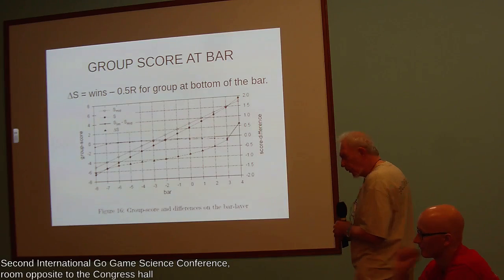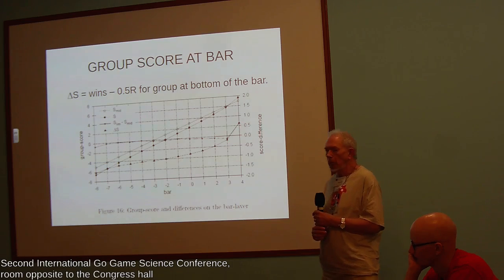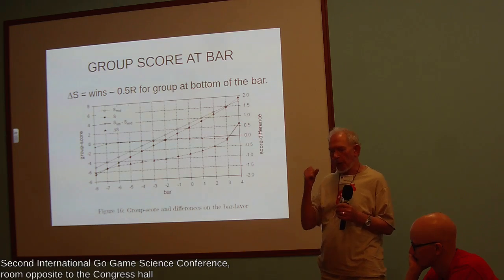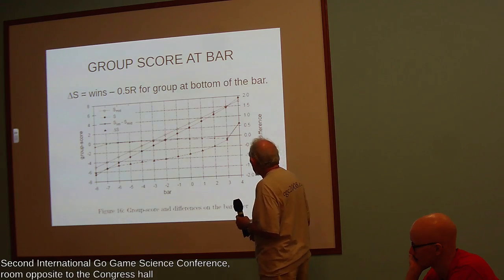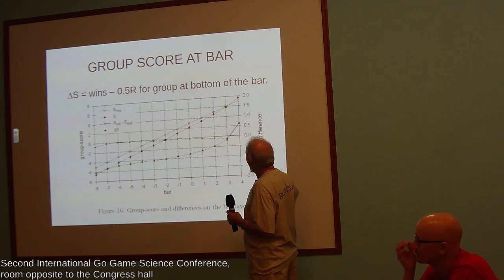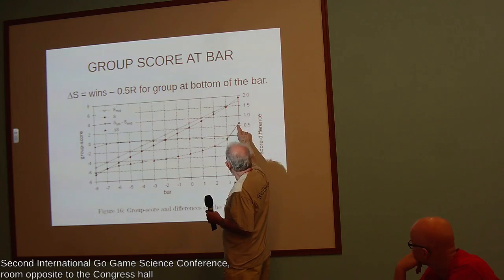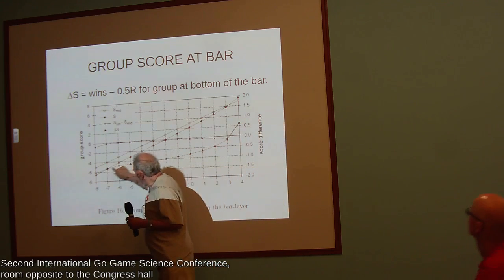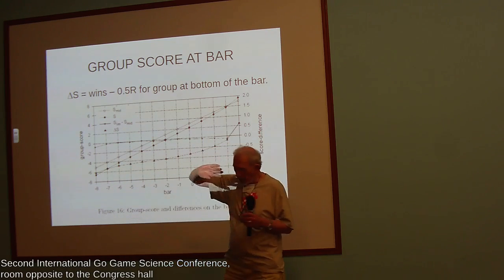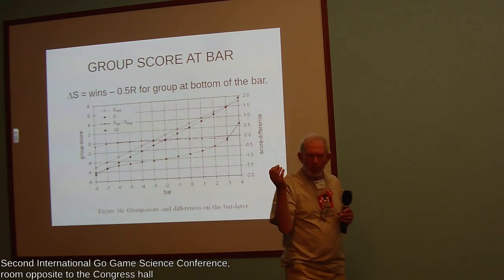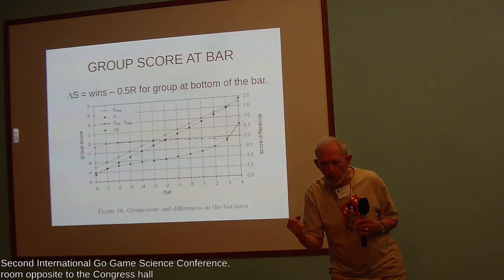Right. Now we said we were going to look at the group score. So what's the McMahon score of the group? And if we look at this line here, that is your score. It's basically your number of wins for the player at the bottom of the bar.